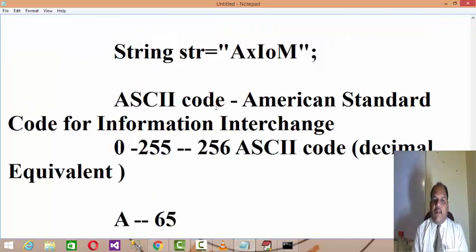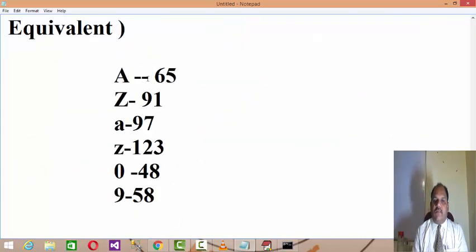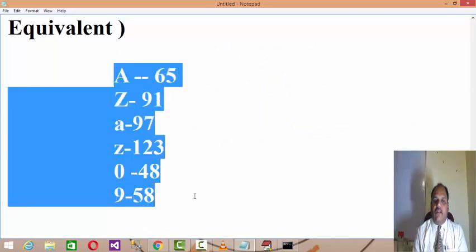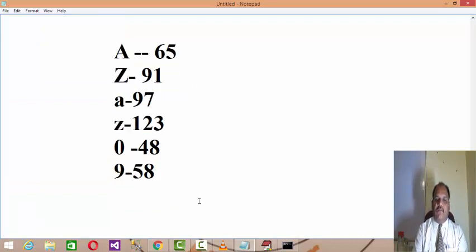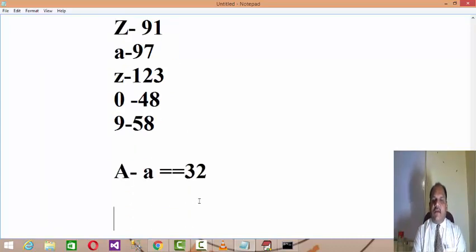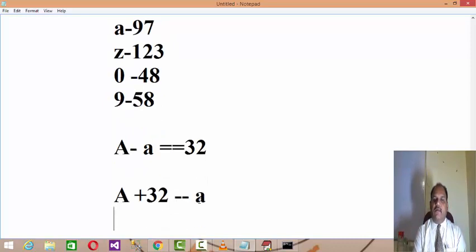So what I'm trying to say is, why do we need these ASCII values? Because you know that the difference between capital A and small a is 32, right? So if I identify the character as capital A and add 32 to it, it becomes small a.